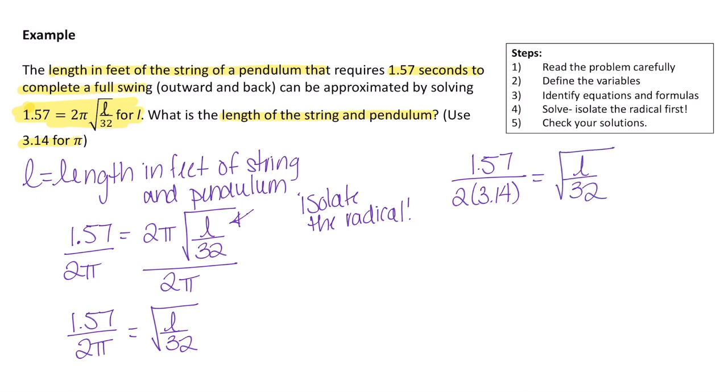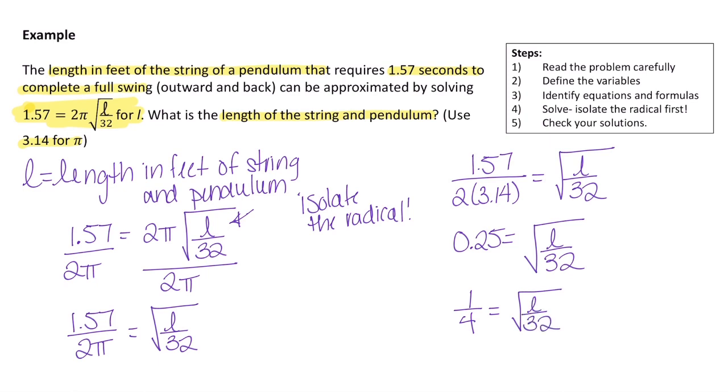When I simplify that, I have 1.57 divided by 2 times 3.14, and that gives me 0.25. So I have 0.25 equals the square root of L over 32. Remember that 0.25 is the same thing as 1/4. So that's 1/4 equals the square root of L over 32.